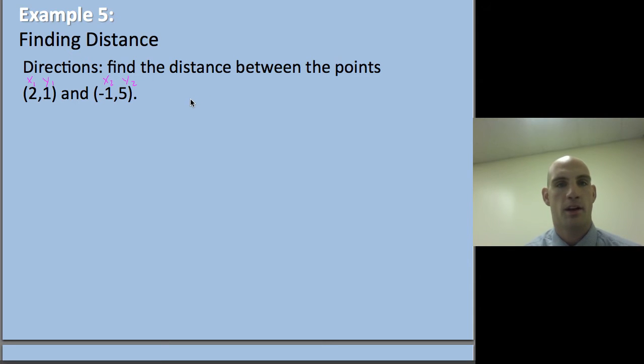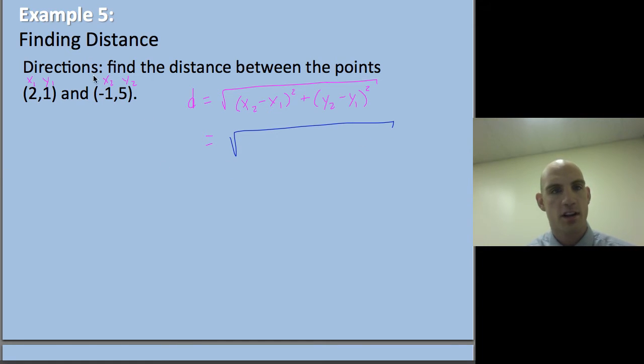And the distance formula is still going to be the square root of (x2 minus x1) squared plus (y2 minus y1) squared. I still write out the formula because I like to be exactly sure of what I'm looking at. So let's subtract x2 minus x1, square it, plus y2, which is 5, minus y1, which is 1, square it.